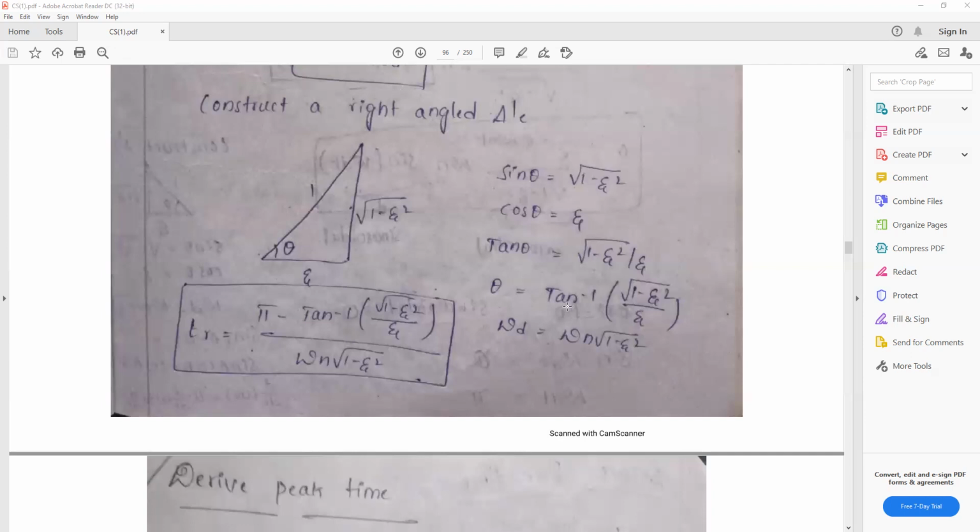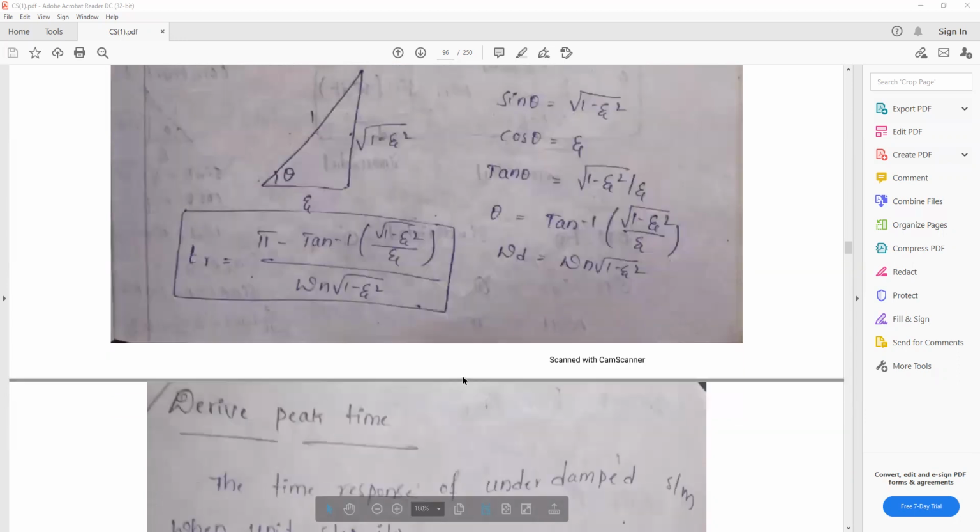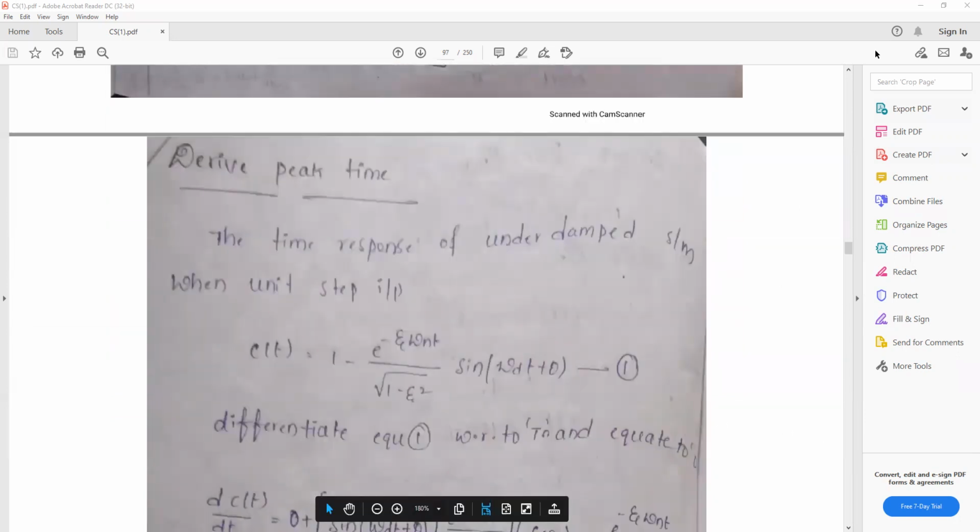Okay. Next, find the steady state error and the steady state error constants in the different problems. Okay, so these are the problems in third unit.